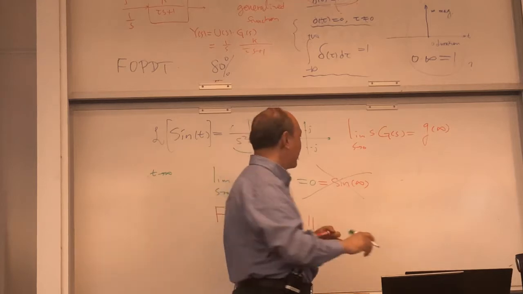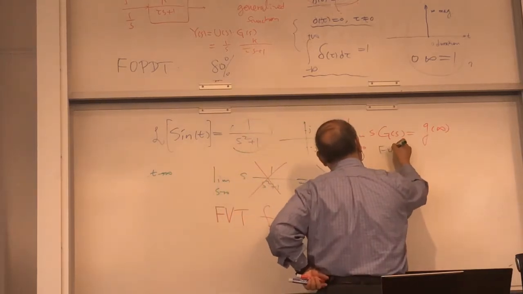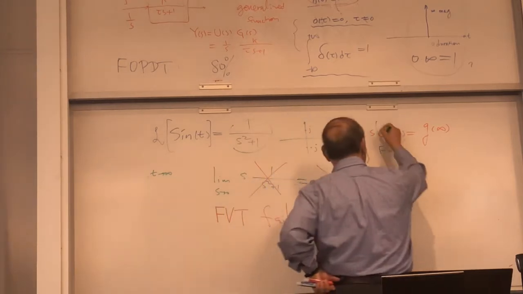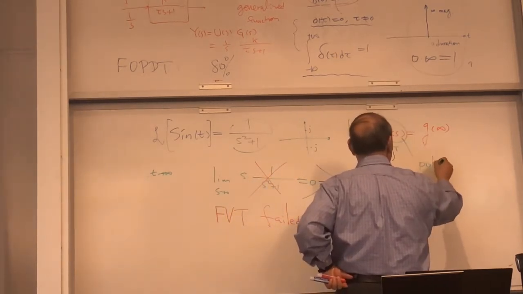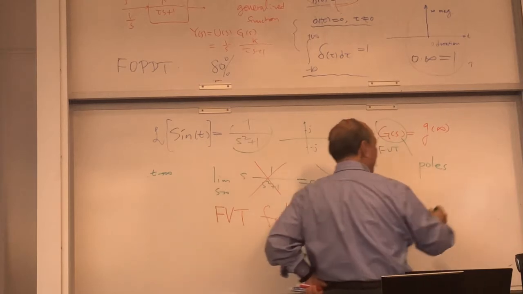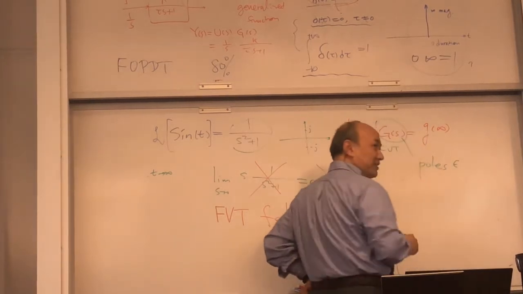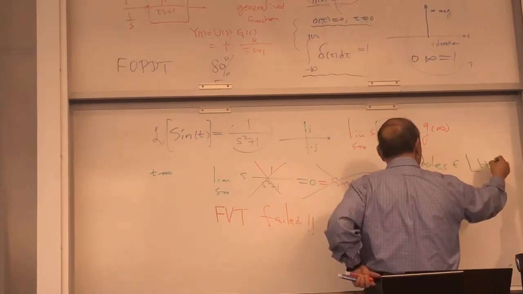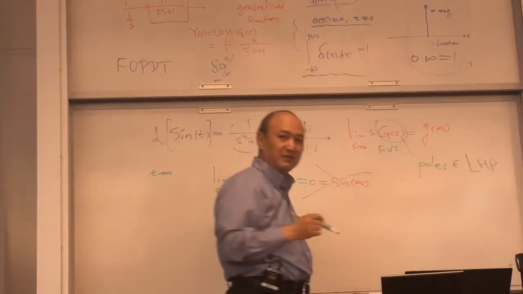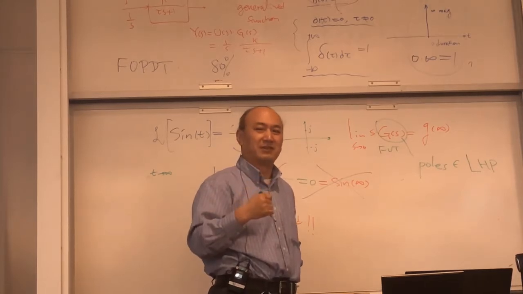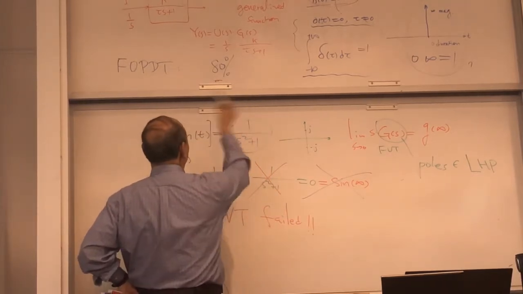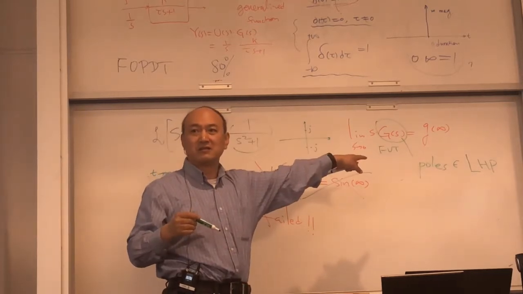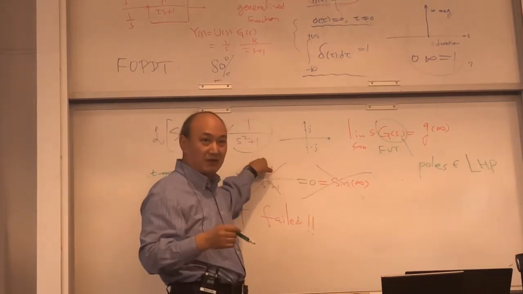To apply it, you actually need to check that all the poles live in the left half plane. If not in the left half plane, you cannot do it. You cannot be on the imaginary axis. That's why this one failed.